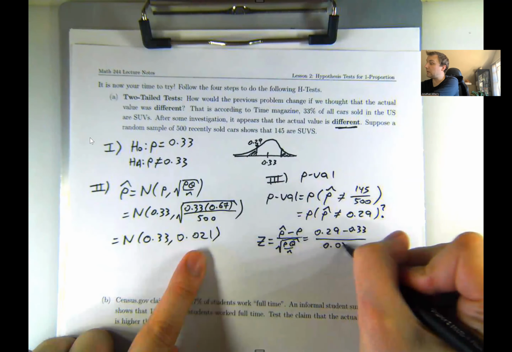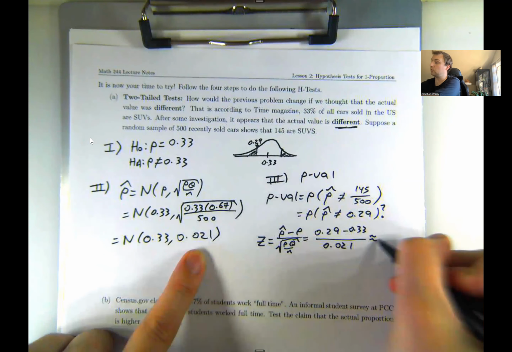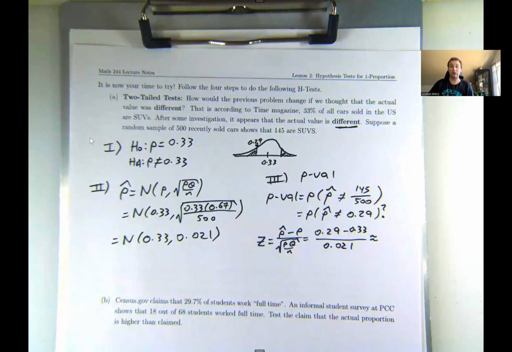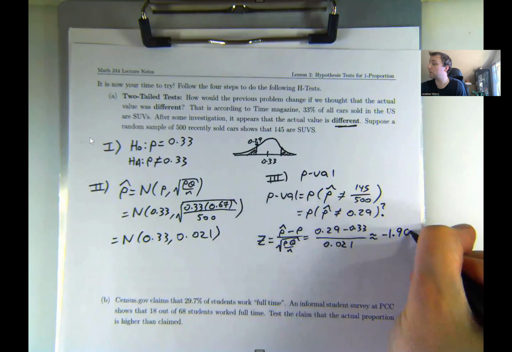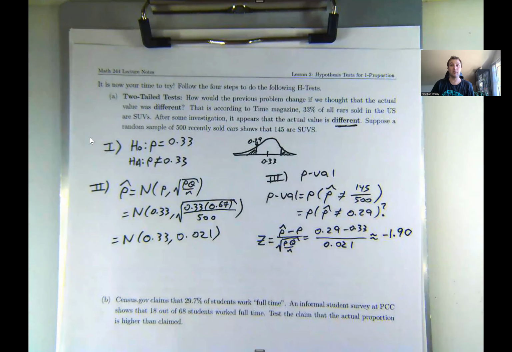My standard deviation was 0.021. I'm going to type this into a calculator and see what I get. And I wrote that formula with all those symbols in one spot, just in case you like using that formula. And I got a z-score of negative 1.90.